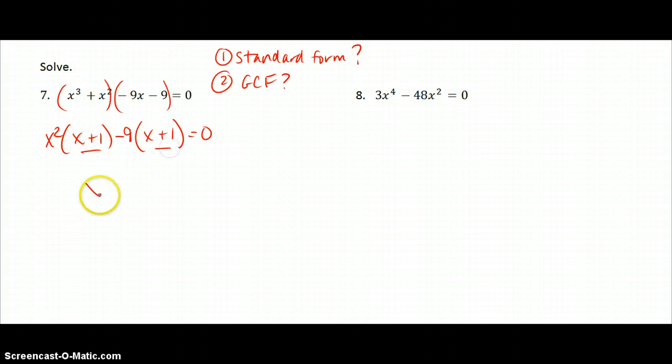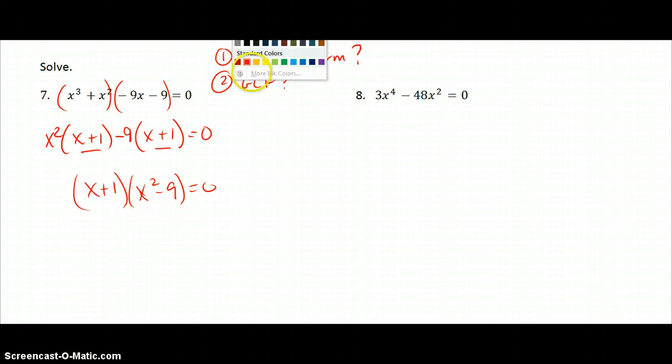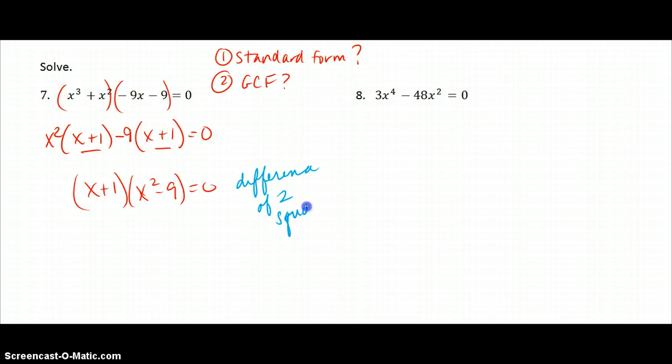Our x plus 1s become our first factor, and our other factor is x squared minus 9 equals 0. Remember to check if you have an x squared in your binomial here, make sure it's not difference of 2 squares. In this case, it is. So this is difference of 2 squares, which means this breaks up into x plus 3, x minus 3, and make sure we carry down the original x plus 1.